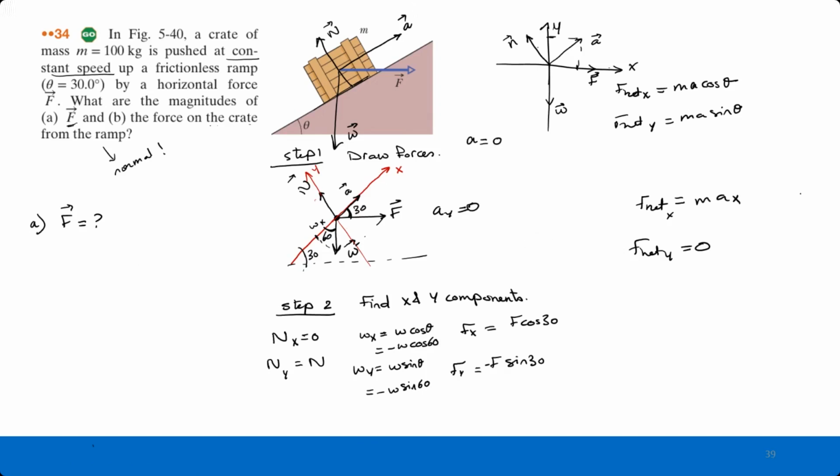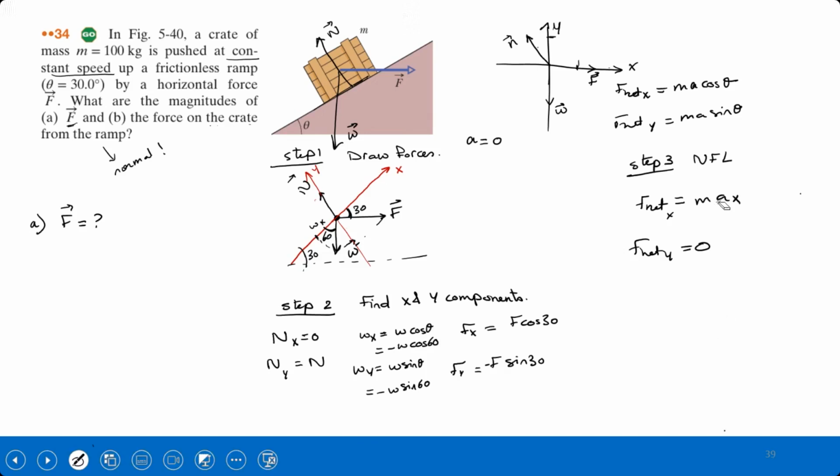So I'll just remove the acceleration vector, and this makes things way easier, because in Newton's laws, I'll use the first law and set F net equal to 0. This brings us to step 3, Newton's first law. I'll apply it to find the applied force, that's the question, and then in part B, I want to find the normal.